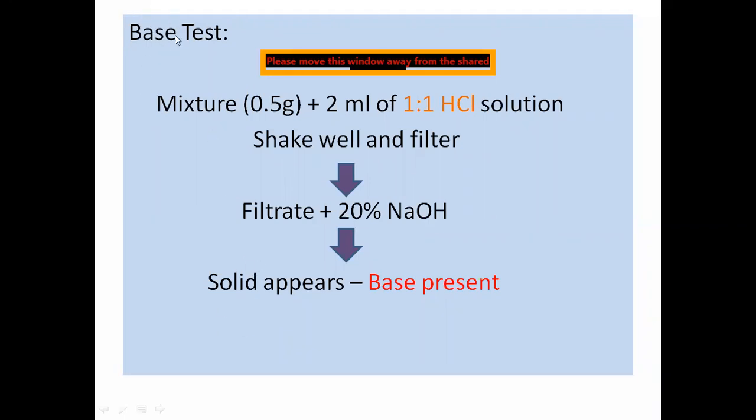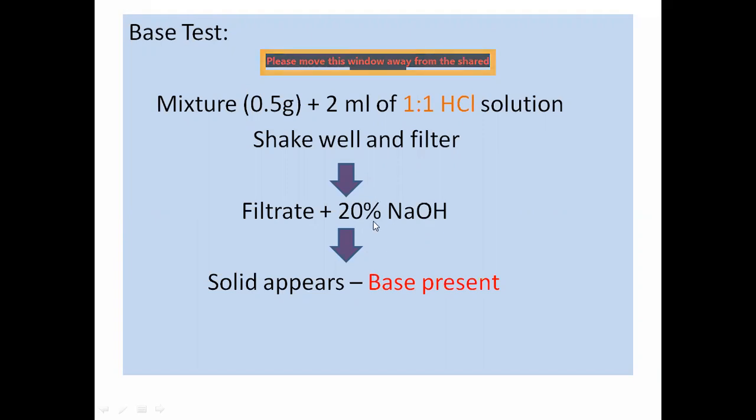There are liquid bases also like aniline and others, but they will provide solid-solid mixture separation, so you get the solids only. So when you add the 1:1 HCl solution in the mixture, you get this filtrate in which your base is in dissolved form. You add the 20% NaOH so that the base regenerates. So you will get solid if the base is present.